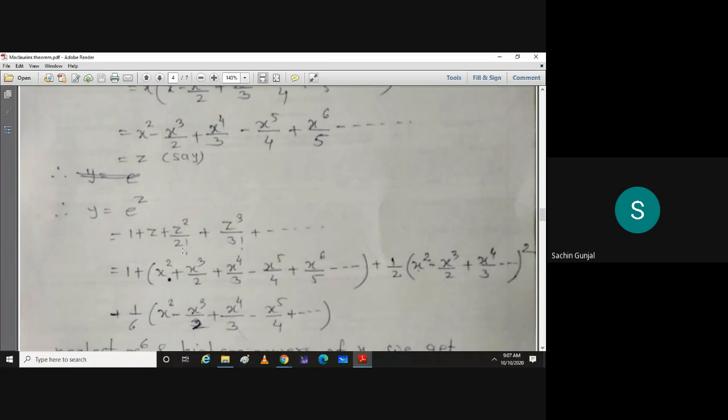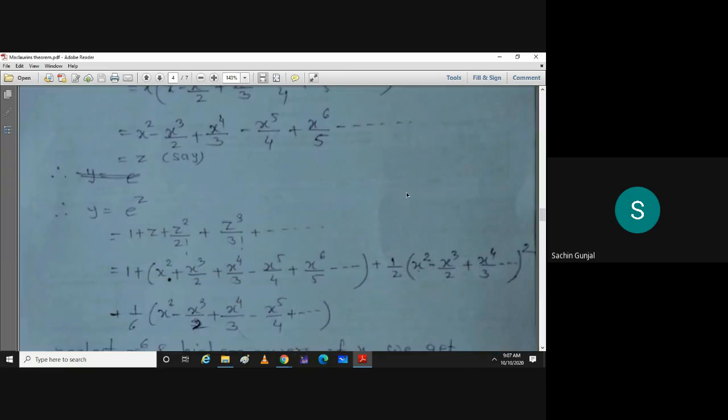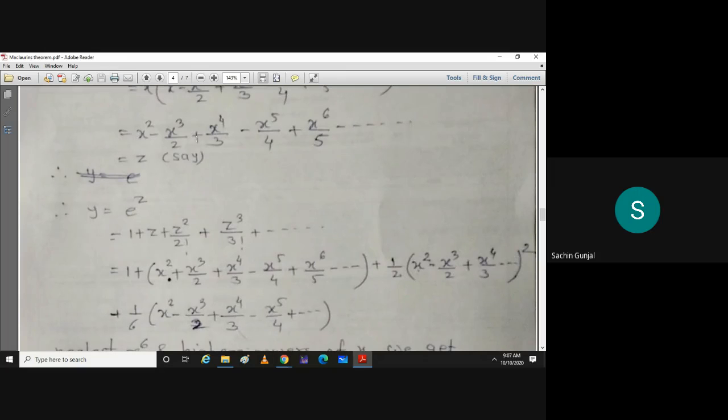So 1 plus z is x square minus x cube by 2 plus x raised to 4 by 3 minus x raised to 5 by 4 plus x raised to 6 by 5 and so on, plus 1 by 2 into z square, so this series squared.